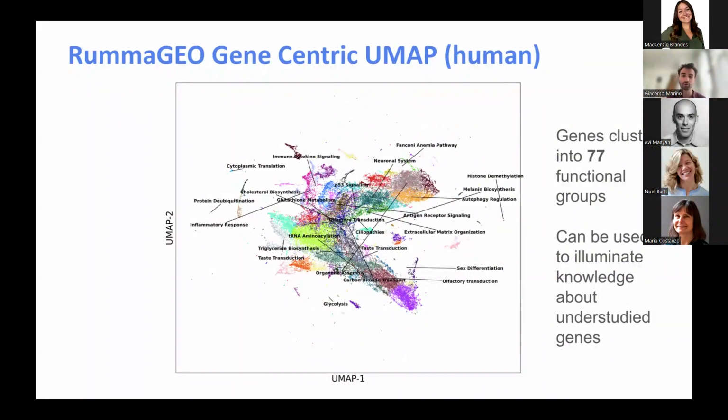And we can see for a majority, over half in the human case, we have quite clear functions for what those clusters correspond to. And for some of the unlabeled clusters, many of those genes are from the same chromosome, or perhaps they have multiple functions, so it's not quite as clear. But this is an interesting analysis. And by looking at these clusters, we can also perhaps illuminate some knowledge about understudied genes as well.